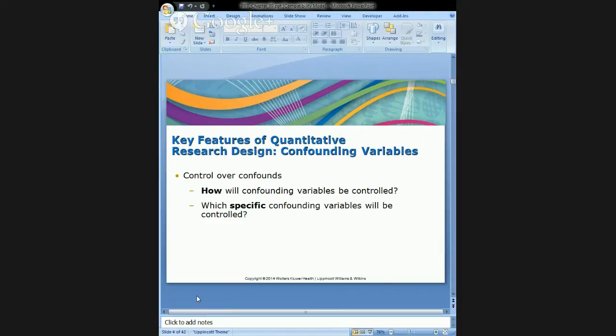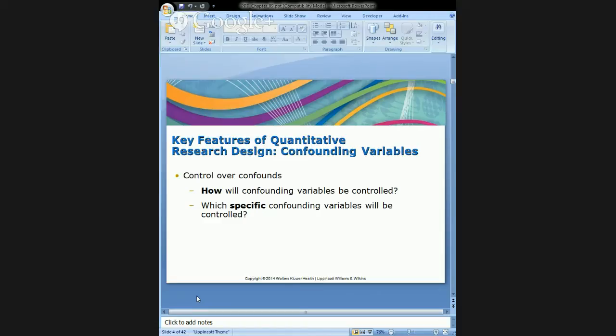So say that we gave someone a cup of coffee in the morning, and then we check their heart rate to see if it was elevated from the caffeine, or if there was any change in it at all from the caffeine. A confounding variable would be a third or additional variable that could contribute to the change in the dependent variable.